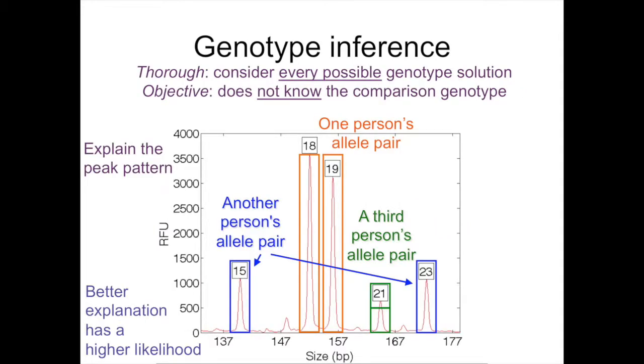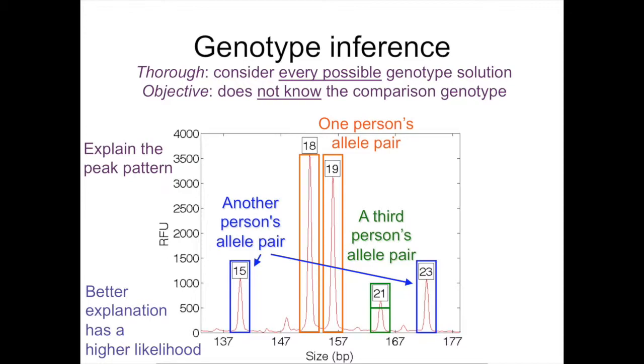So how TrueAllele works is it works to virtually try out every possible genotype combination for each contributor at every locus to a mixture. And it does this by statistical simulation. And what the system's trying to do is it's trying to explain the peak pattern of the STR data at every locus. So what we're seeing here is 1 proposed explanation for this 1 locus for the 3 contributors to this mixture.